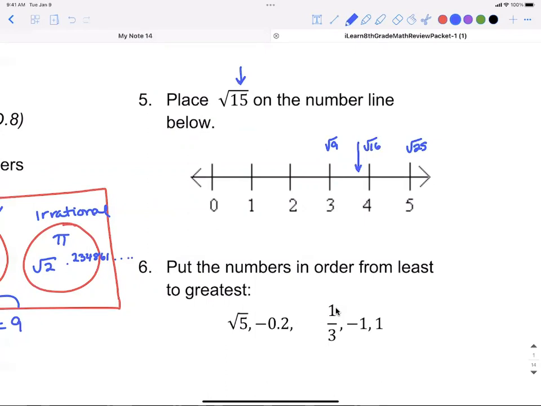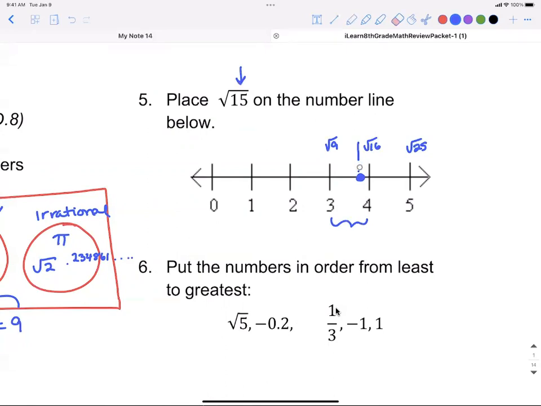Okay. So it's between the square root of 9 and the square root of 16, which means it's between 3 and 4. And then to hone in a little bit tighter, is it really, really close to one or the other, or is it kind of in the middle? Well, this one's really close to 16, which means it's going to be really close to the square root of 16, which is 4 on the number line.